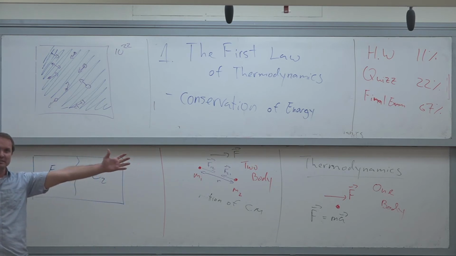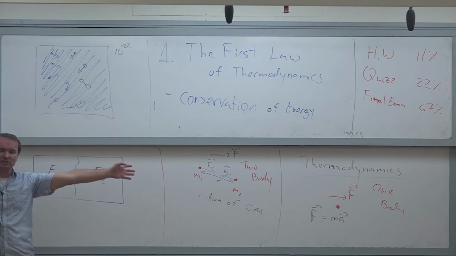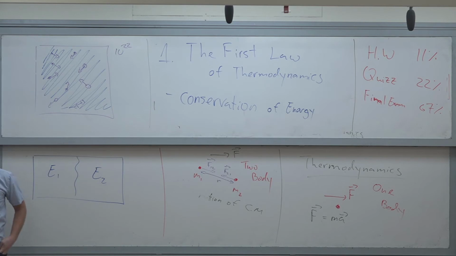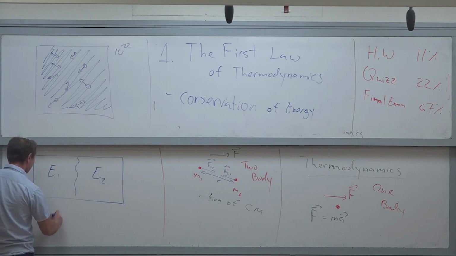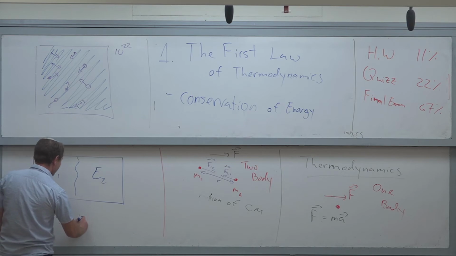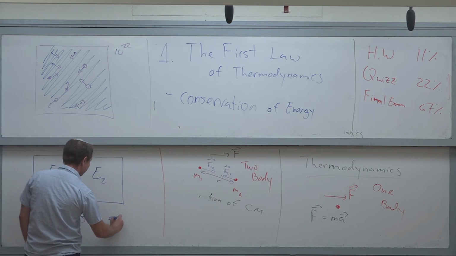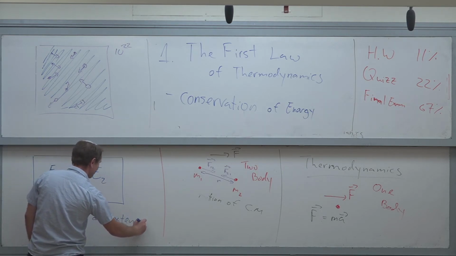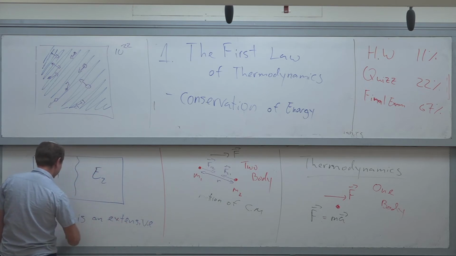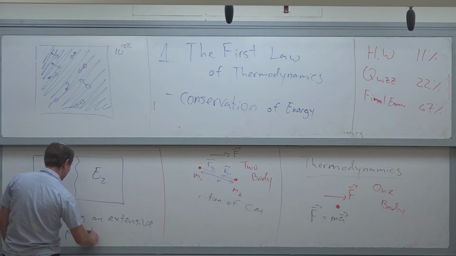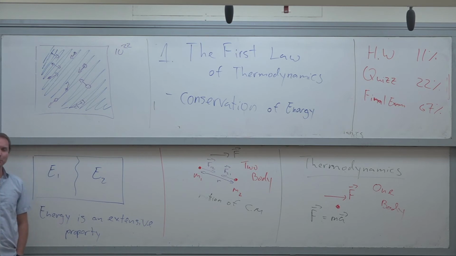The bigger my system is, the bigger my energy is. Right? So basically, I write it down: energy is an extensive property. What this means is it's proportional to the size of the system.